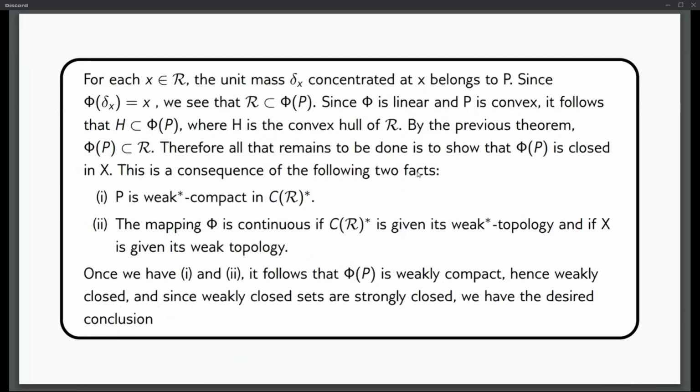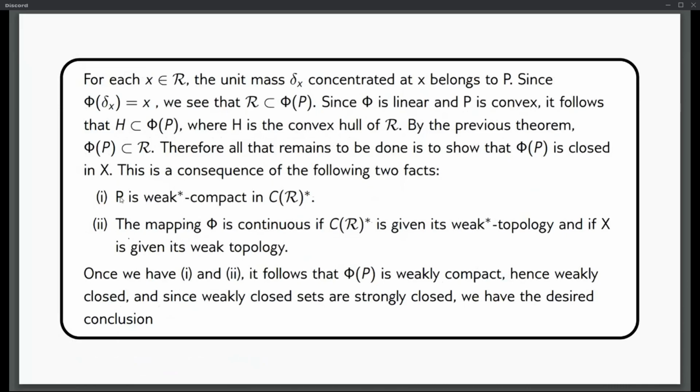And this is the case because of the following two facts. First, P is weak star compact in the dual of C(R), and the mapping phi is continuous if C(R) star is given its weak star topology and if X is given its weak topology. I'm going to only prove one; I'll leave the other for you to check, for the sake of time.